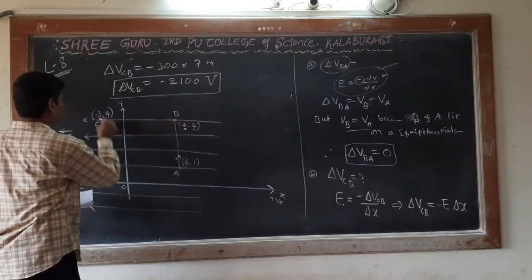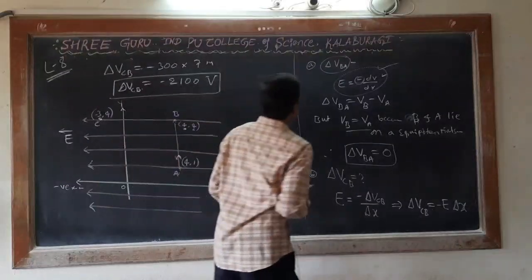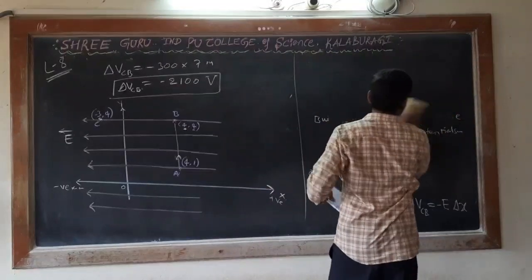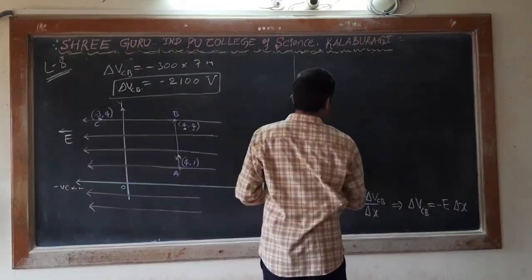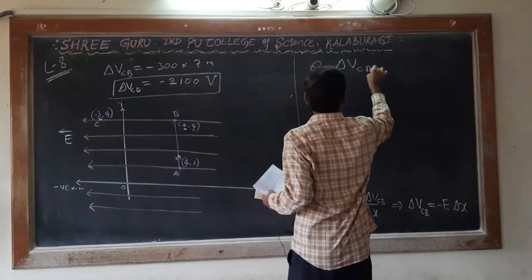We want the potential difference between C and A, delta VCA. So now the third one, delta VCA.